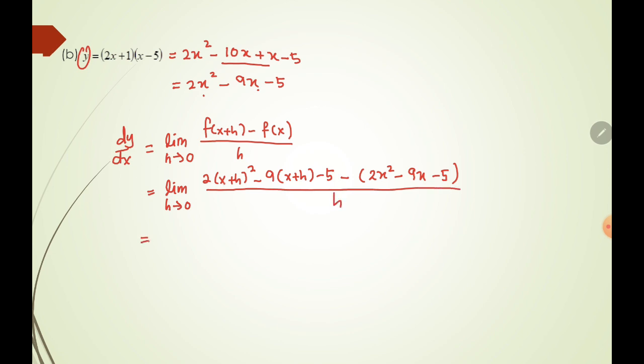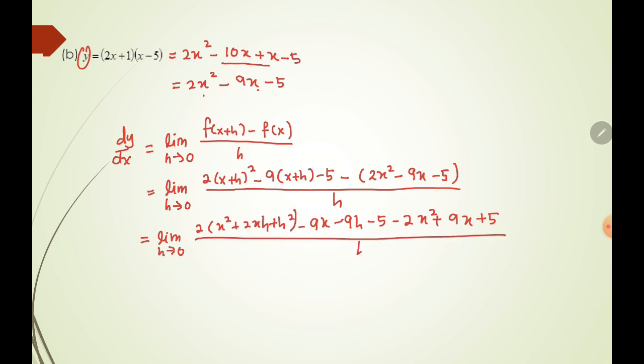Okay, now we need to expand this. So we will get 2 multiplied with x squared plus 2xh plus h squared, minus 9x minus 9h minus 5, minus 2x squared plus 9x plus 5, with a bracket, over h.